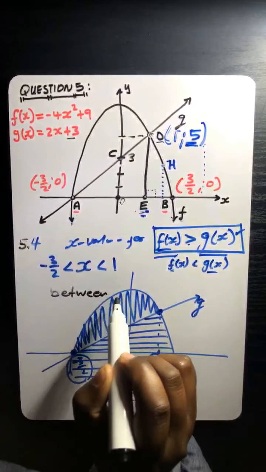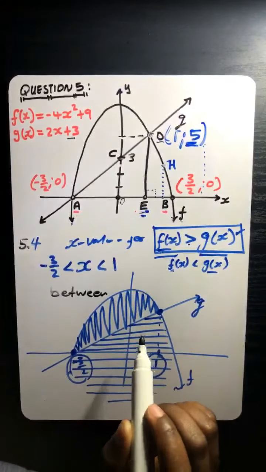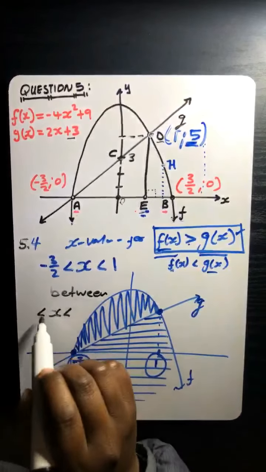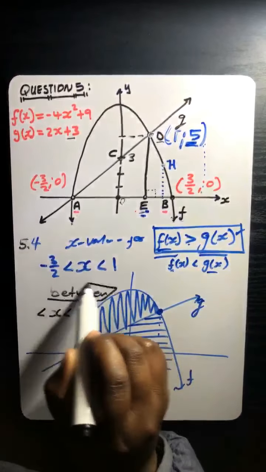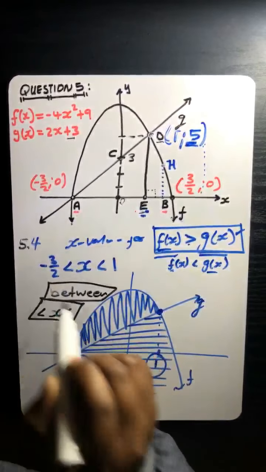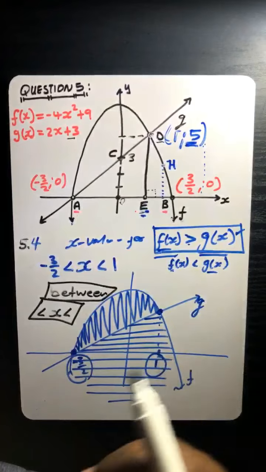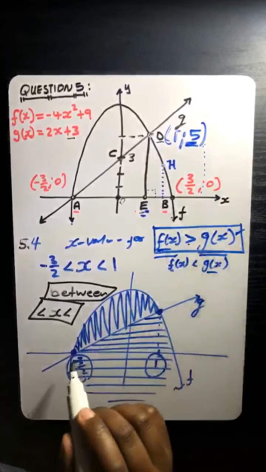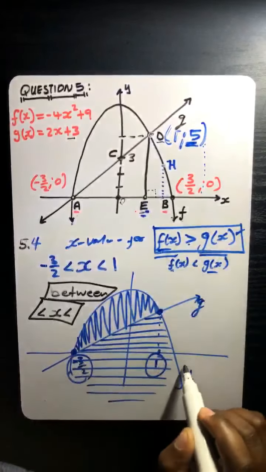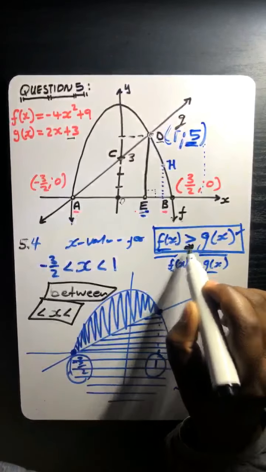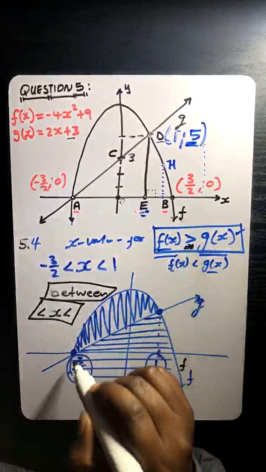When you are writing between, using inequality signs, this is how you write it: x between. This is the same thing. I'm not sure if you're getting me there. Yes. So does it now make sense when I say it in words, where the graph of f is greater than, or where it is above the graph of g?